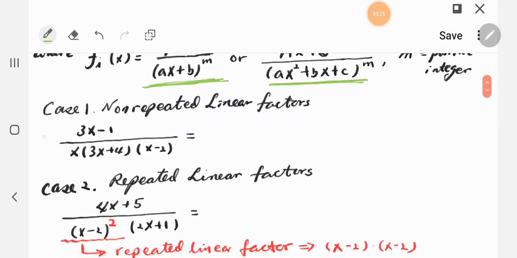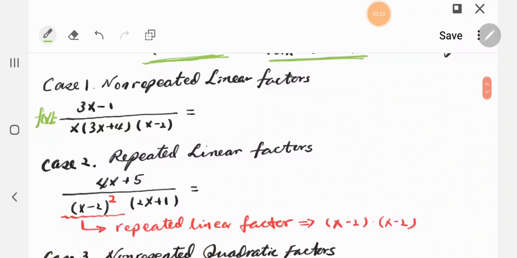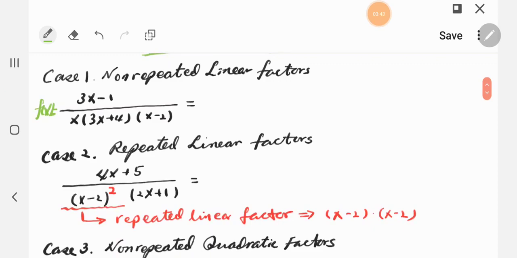Here is an f of x, and the denominator has three factors. These three factors are all linear, and non-repeated means each factor is unique. If we do this decomposition, we will have something over x plus something over 3x plus 4 and plus something over x minus 2.